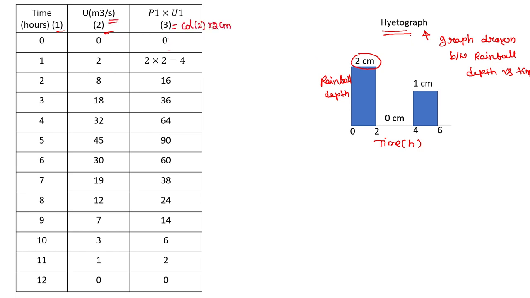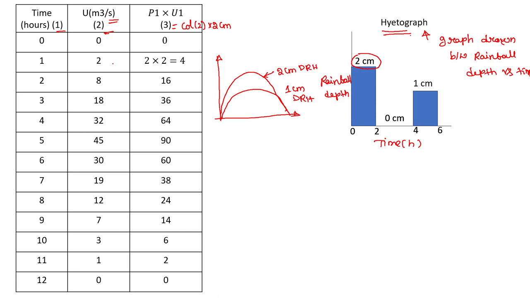That will give this P1 V1, because I have already shown you, suppose this hydrograph is 1 centimeter DRH. If you wanted to calculate for 2 centimeter, simply multiply with 2.